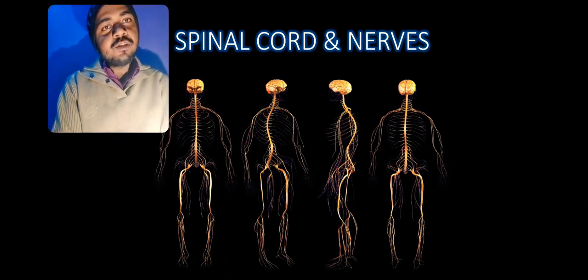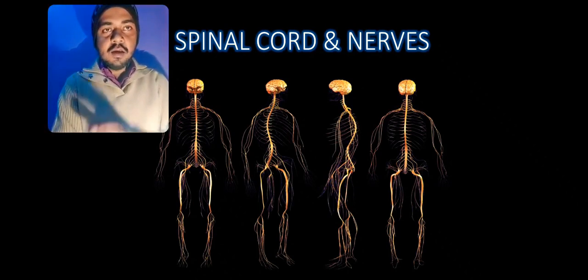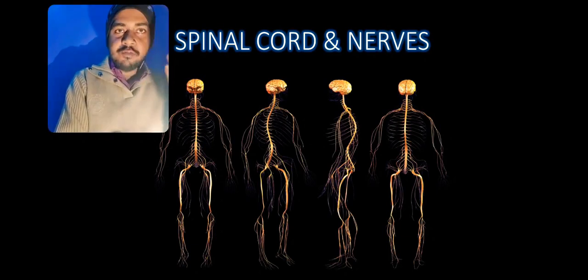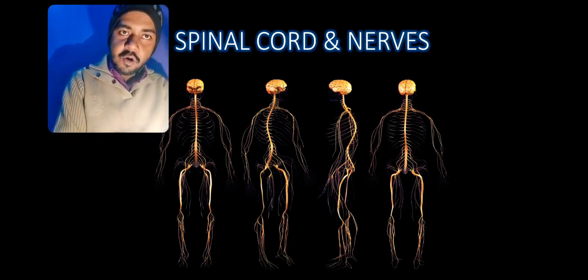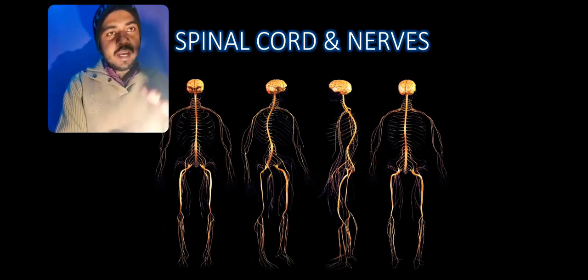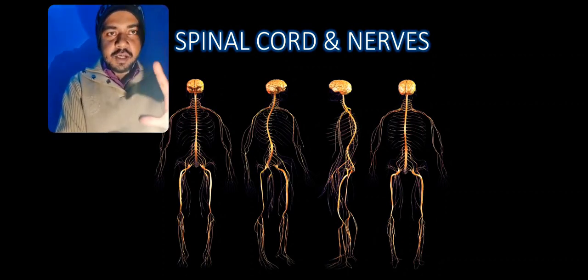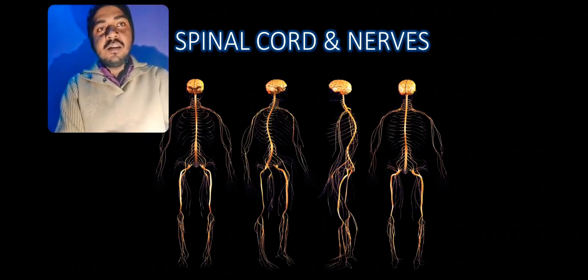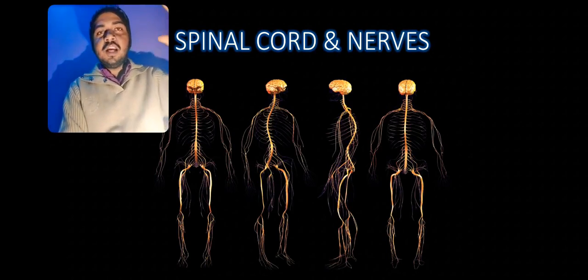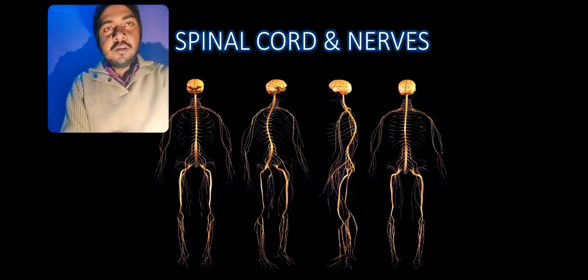Actually, it's only one human being, but the photo is taken from four different angles to show you how the spinal cord runs along the body and how the nerves are distributed all across the body. Isn't it interesting? So many systems we have in our body. This one is the head office of all the systems. Now let's see how its branches work.